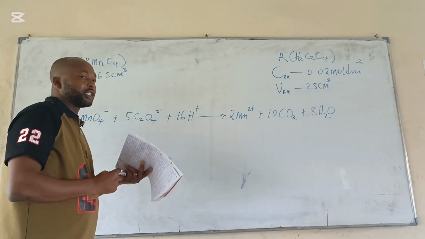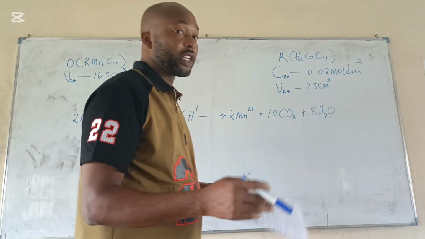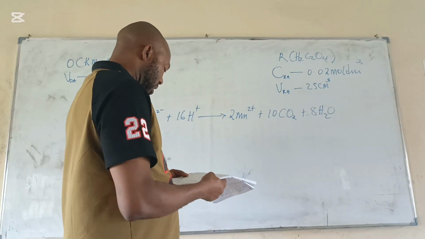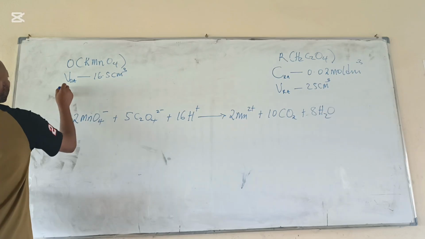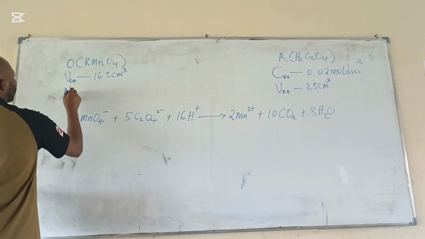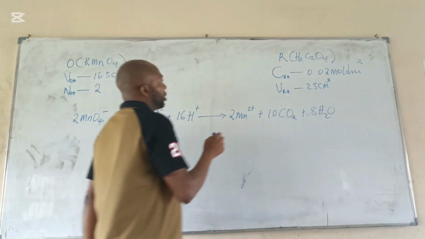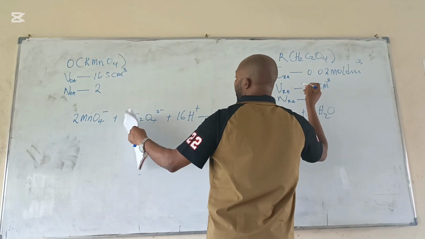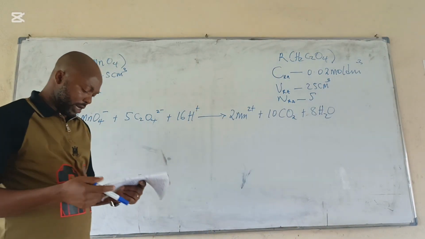So this is quite different from the usual. Alright, we've not solved any of these, but I've given you the formula, so I owe you to solve it. So now let's put down the number of moles of oxidizing agent is 2. Number of moles of reducing agent is 5. Okay, we've gotten that now.